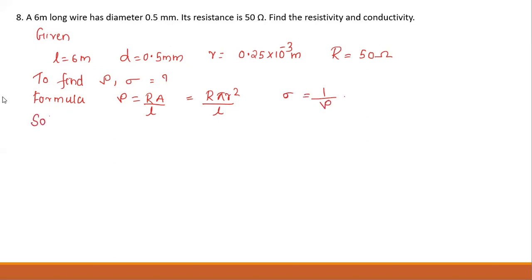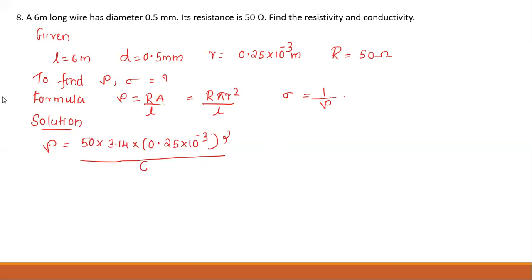Solution: rho is equal to R is 50 into 3.14 into r square, 0.25 into 10 raised to minus 3 the whole square, upon L is 6. 50 into 3.14 into 0.25 the whole square divided by 6 into 10 raised to minus 6 will come.